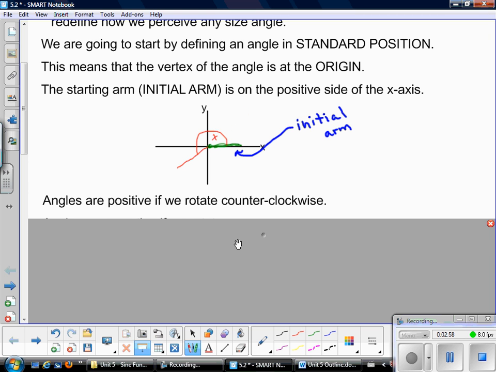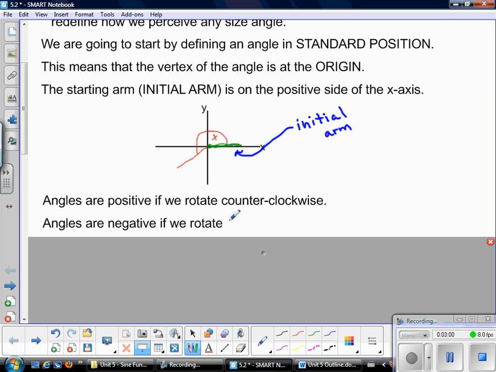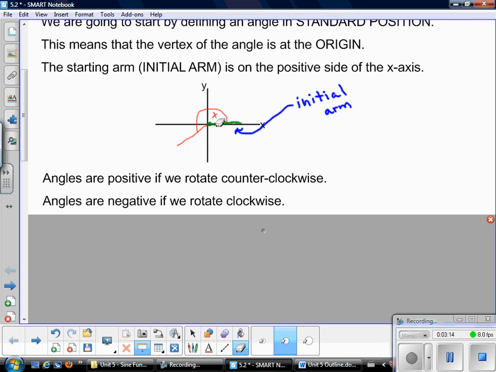If I go clockwise, then we would say that the angles are negative. So if I go this way around, then it becomes negative. So that's how we rotate around here. So we start on this green line that has to have its point of the vertex at 0, 0. And the initial arm has to be on this side, but I can go either counterclockwise around or clockwise around.